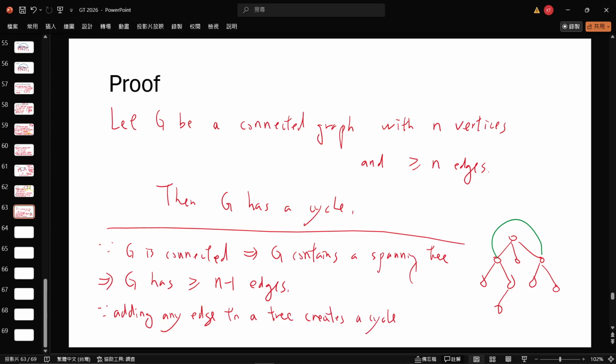Now we've established that G has a spanning tree, and we also know that G has at least n edges, not just n minus 1. So G contains some edge that is not on the spanning tree.